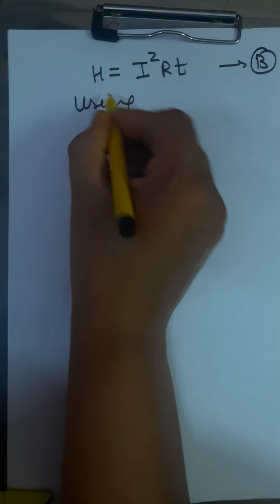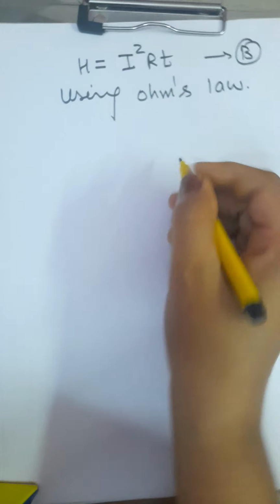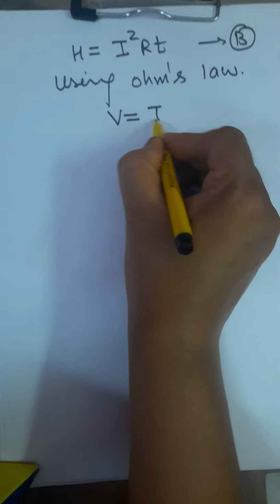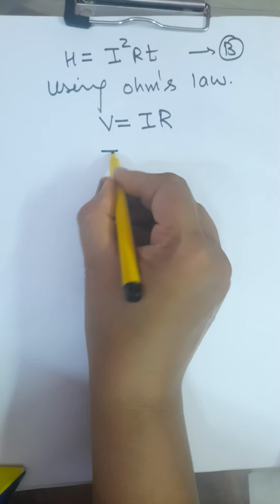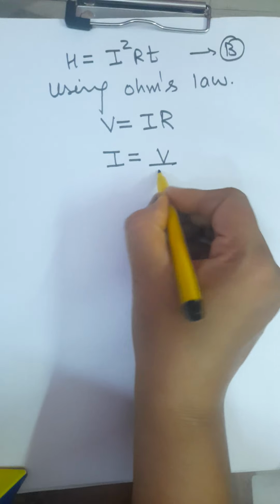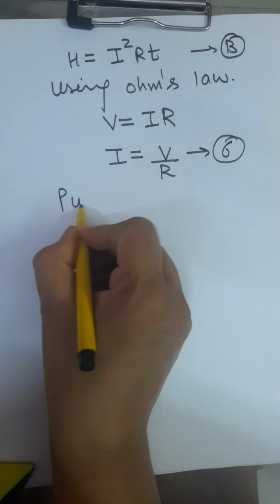Children, if I write it as H is equal to I square RT as equation number B, and I use Ohm's law again. See now what formation I want to give. Children, Ohm's law was V is equal to IR, right? Here I write I is equal to V by R. I make it 6.